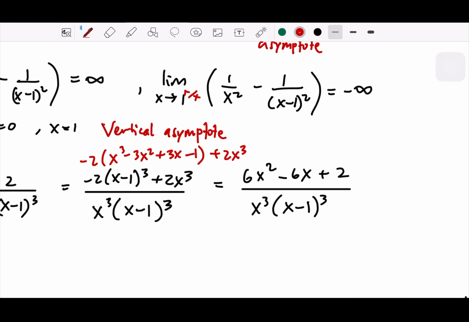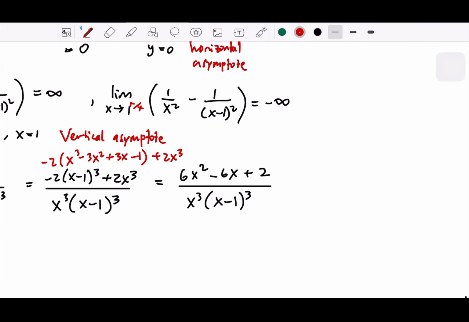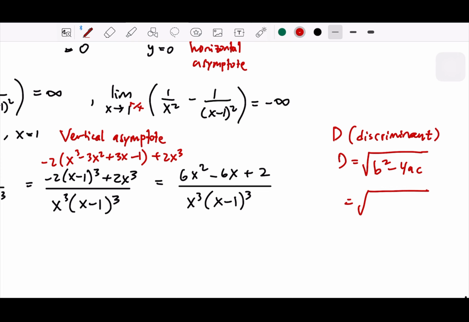Now if you look at the quadratic here, you can directly go to checking the discriminant, the D discriminant. The discriminant is one part of the quadratic formula that is stated by b squared minus 4ac. So we can check this, and from our coefficients, this will be 36 minus 4 times 6 times 2.